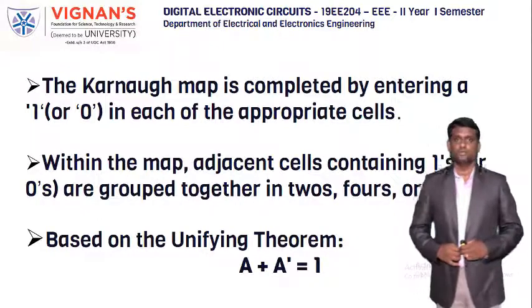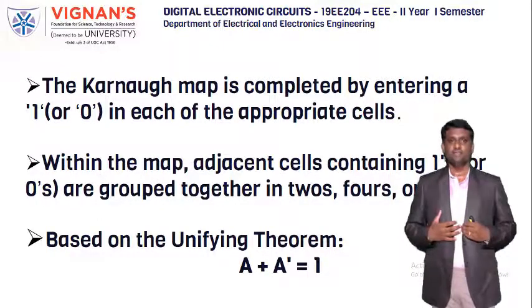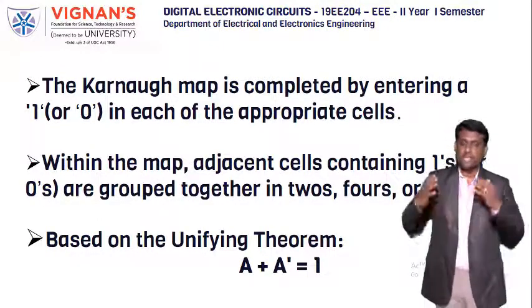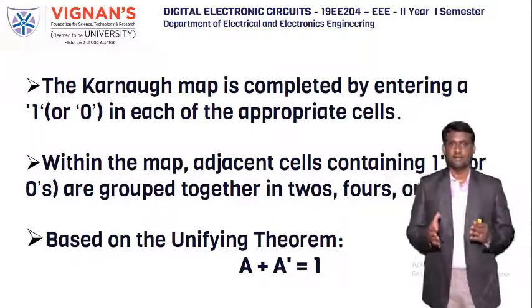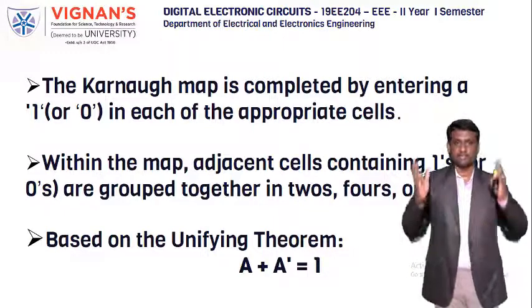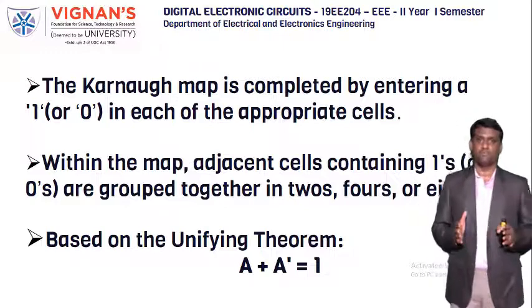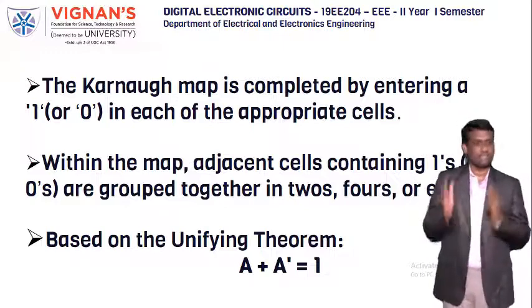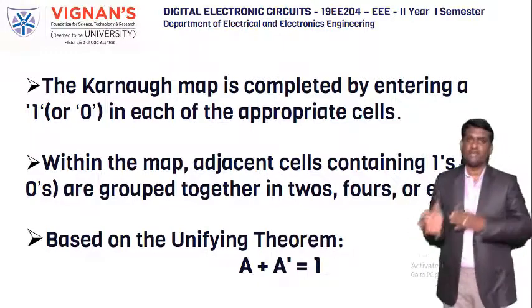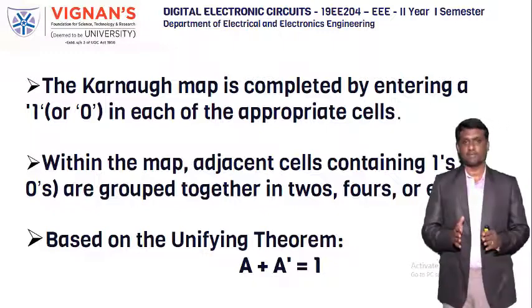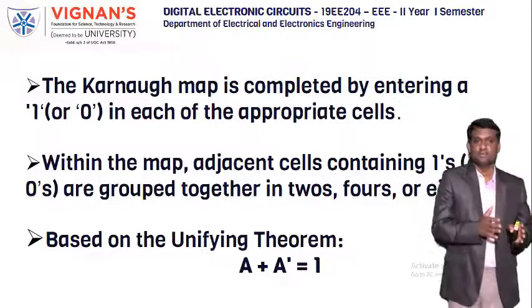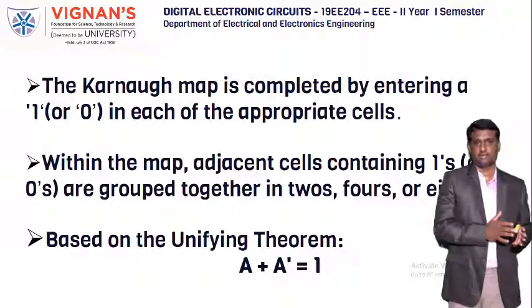So now, simplification of the K-map. Till now, what we have discussed is how to represent a K-map for given variables, either from the truth table, from the standard form of expression, or from the function.